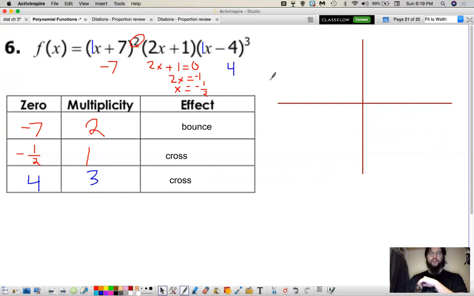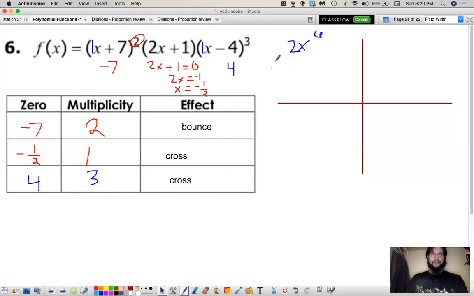So 2. My leading coefficient's 2. And then I got squared, so that's x squared times x cubed is x to the 6th. So 2x to the 6th. That's what our power function, as it's called, is going to be. That's going to tell us what our graph is going to look like at the extremities.